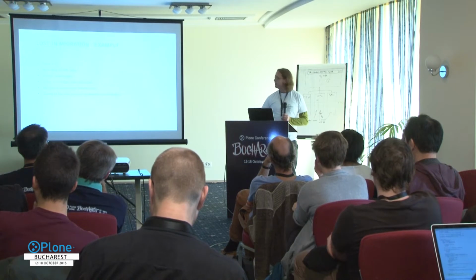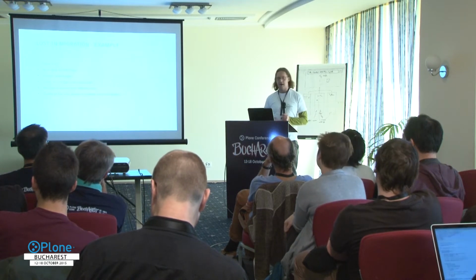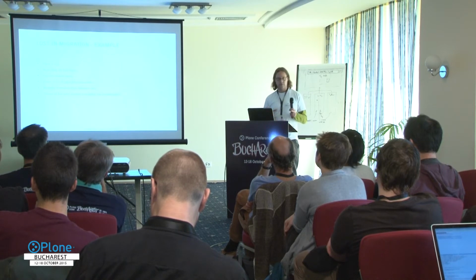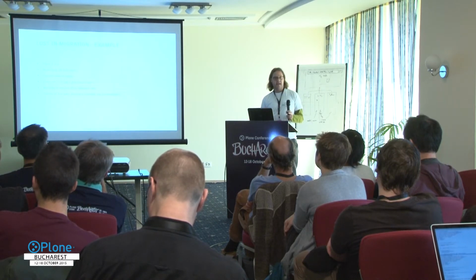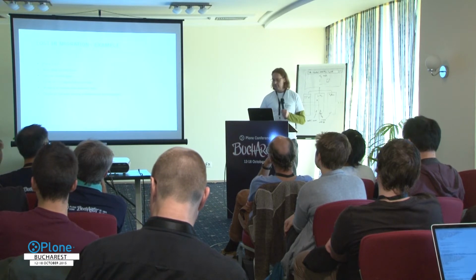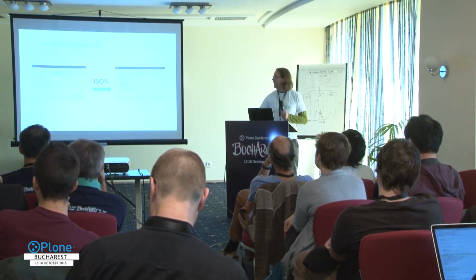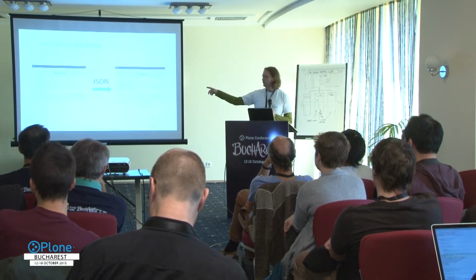That's why we thought about a different approach. Normally with content migration, you have your database and you migrate on this database itself. Our idea is to create a new site.